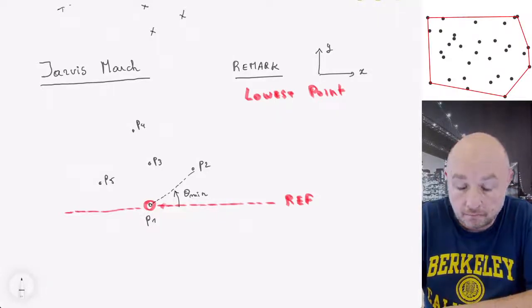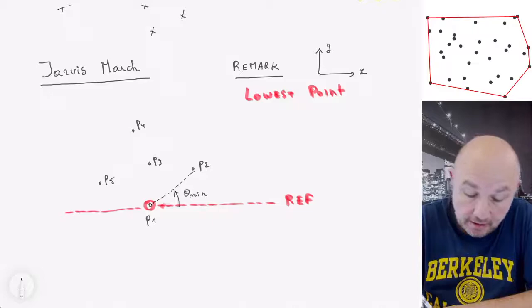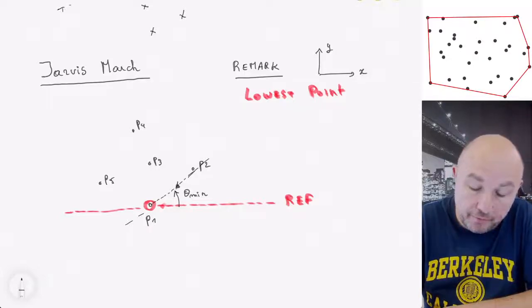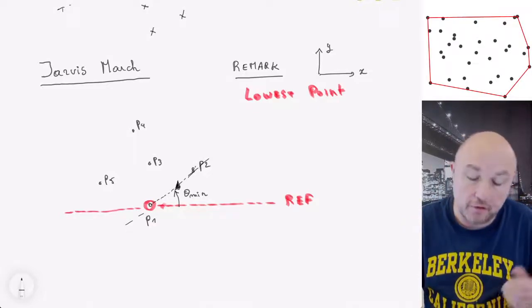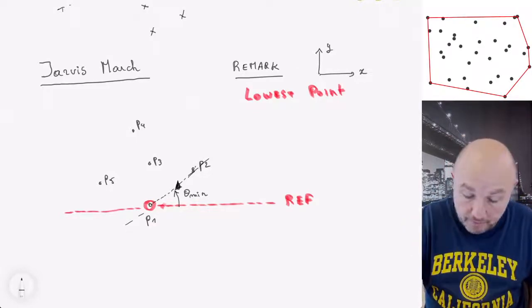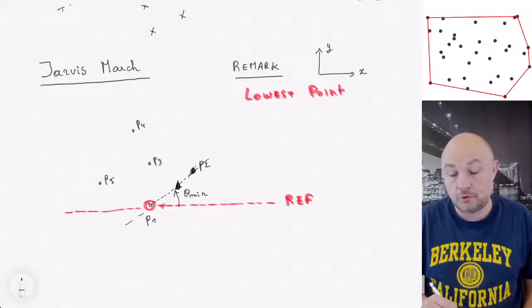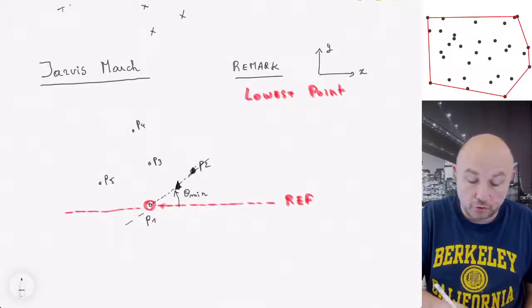This point belongs to the convex hull, because if you look at this line in this direction, all other points are on the right of this line. This is the definition of the convex hull. Great, P2 then belongs to the convex hull.